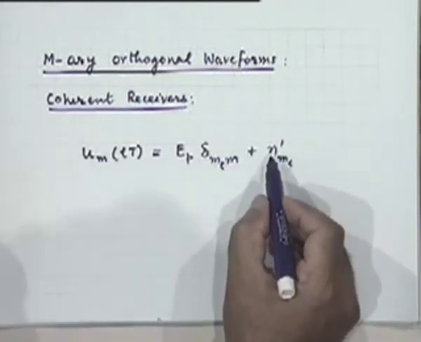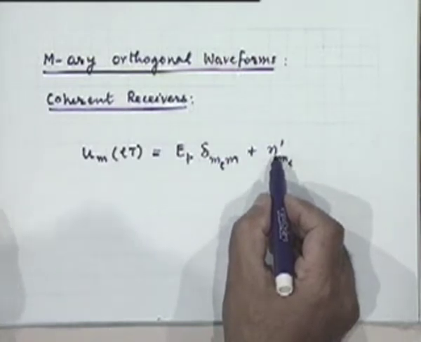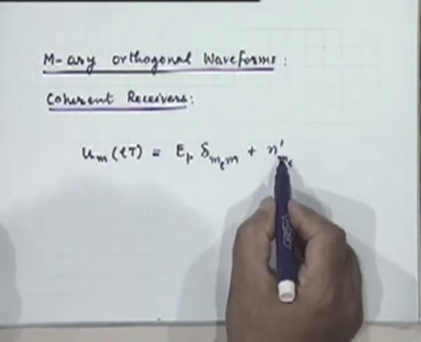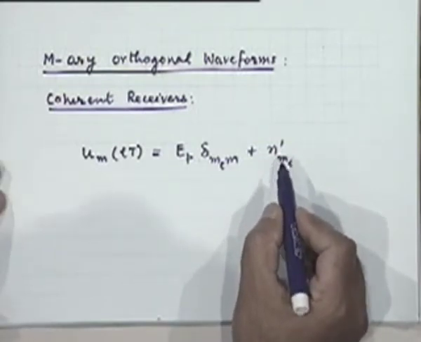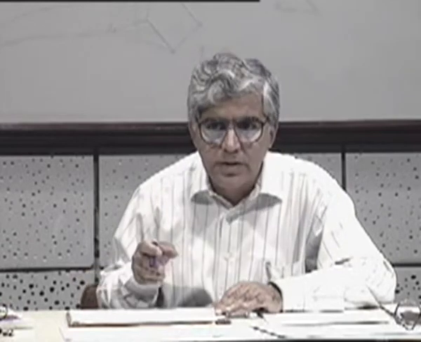And if we assume that the input noise is white Gaussian, then this matched filter output noise as sampled at this time instant will be a Gaussian random variable with variance N0 by 2, right? And also the noise outputs of all the M matched filters would be mutually uncorrelated. We have seen that property earlier. Same white noise going through orthogonal matched filters, the corresponding sample values of the noise variables that you will get will be all uncorrelated, independent.